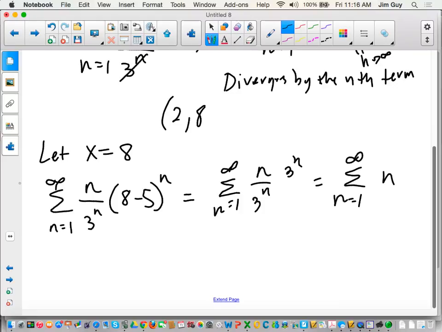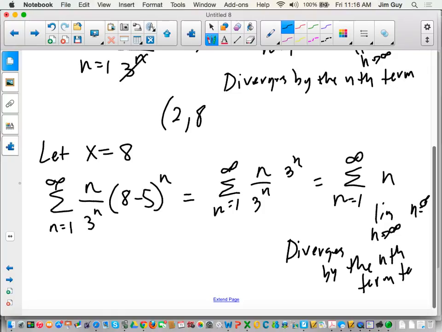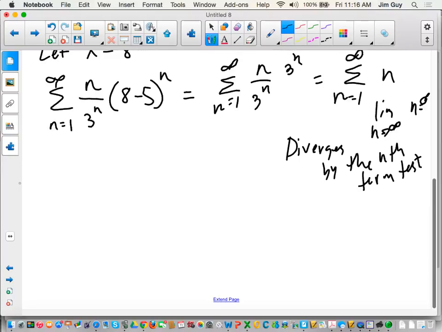What test are you going to do on that? You bet. So you can see right away we take the limit as n approaches infinity and get infinity. This diverges by the nth term test. So our interval is not including 2, not including 8, but 2 to 8. That is your interval of convergence.